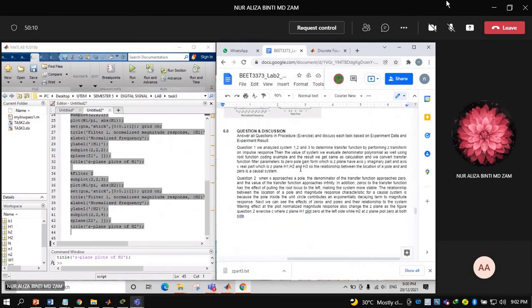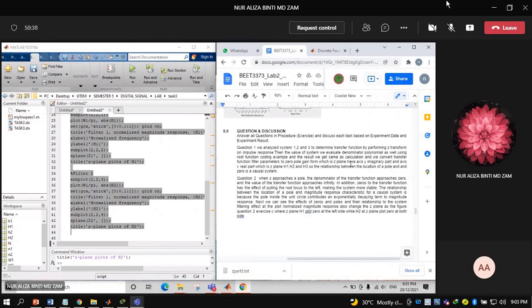For the discussion, answer all questions in the procedure exercise and discuss the task based on experiment data and experiment results. For question 1, we analyze systems 1, 2 and 3 to determine the transfer function by performing Z transform on the impulse response. Then we evaluate the denominator polynomial using the roots function, and the result is the same as the calculation.